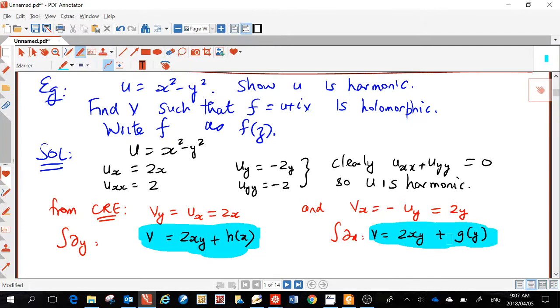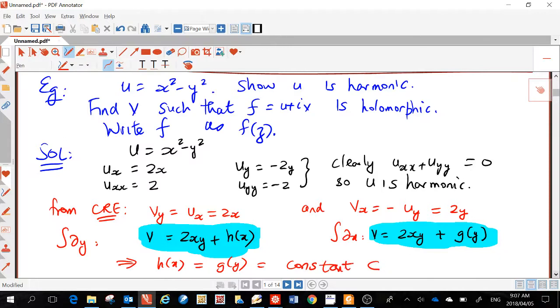This question I posed a long time ago in a different context. How is it possible for a function of x and a function of y to be equal? Provided both are constant, exactly. So this implies h of x equals g of y equals some constant.